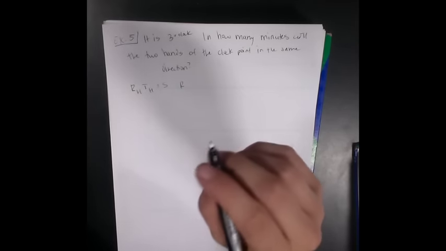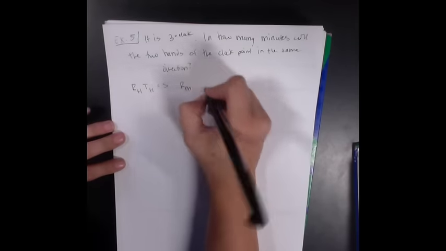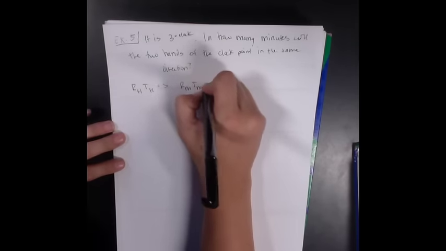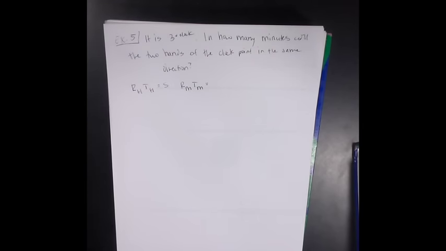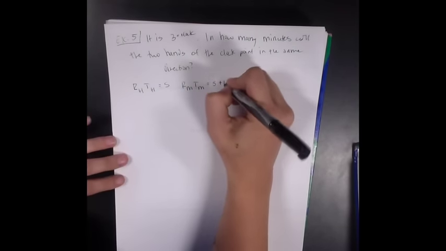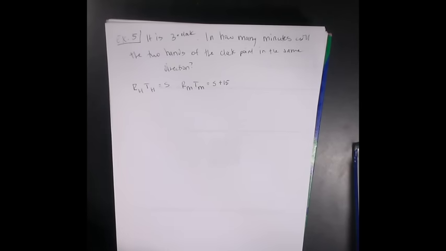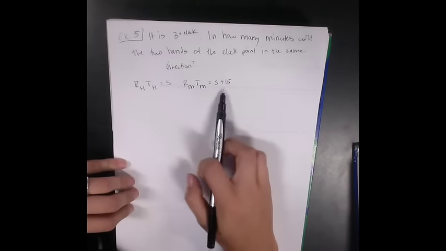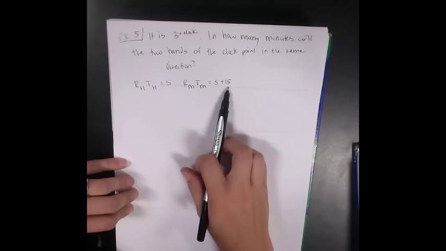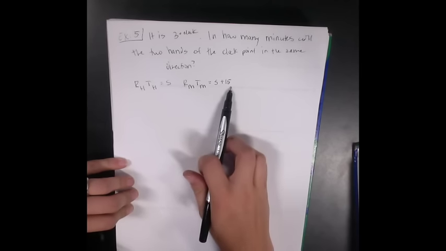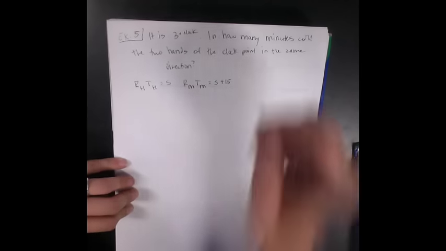The rate of my minute hand times the time of my minute hand is going to be this times space plus 15. Okay, before, when they were pointing in opposite directions, we added 30. When they're pointing in the same direction, we only add 15.